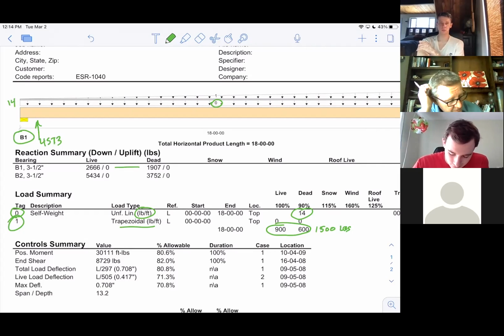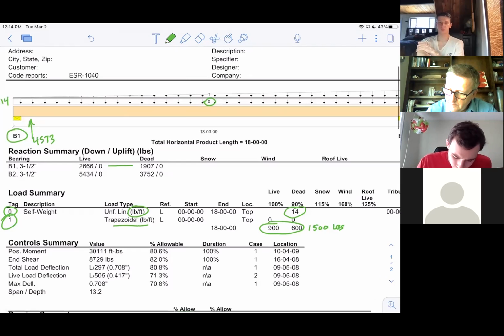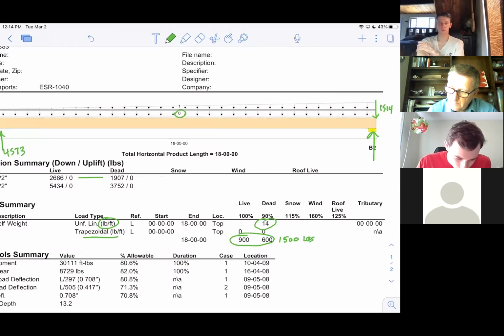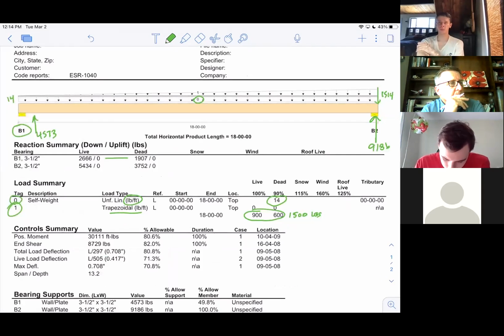Whereas if I go down to bearing 2, I get a much larger answer, 5434 plus 3752. That's a total of 9186. So do you see how that's so incredibly important?